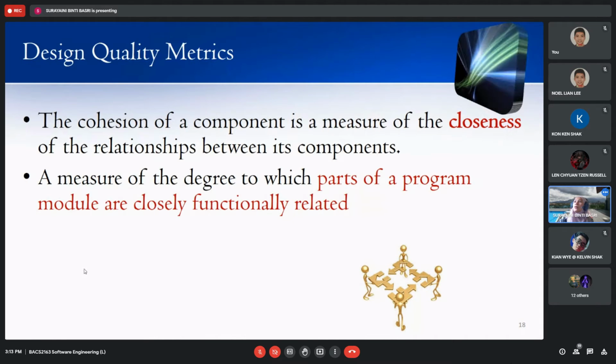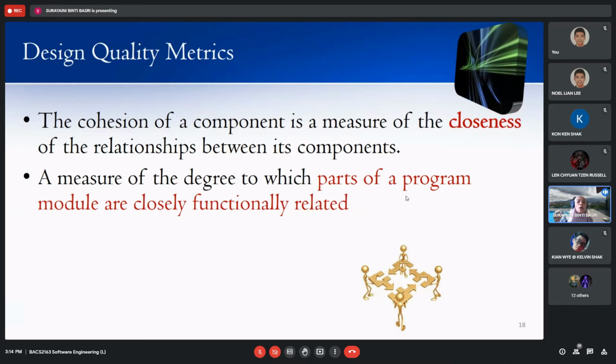Another definition of cohesion is that it is a measure. It can measure the degree to which parts of the program are closely functionally related. Like I said just now, the student module and the course module are closely functionally related.